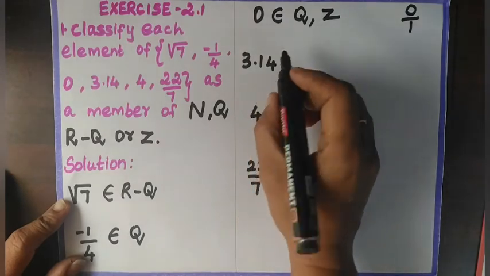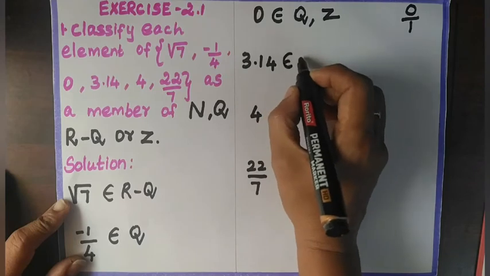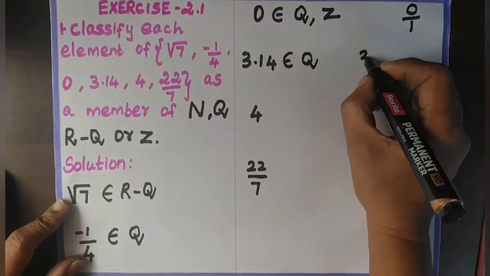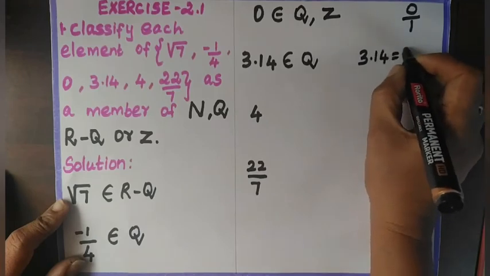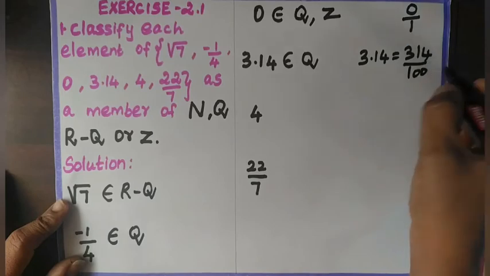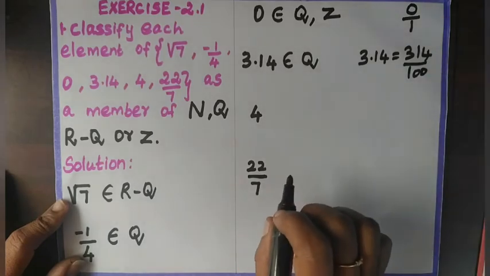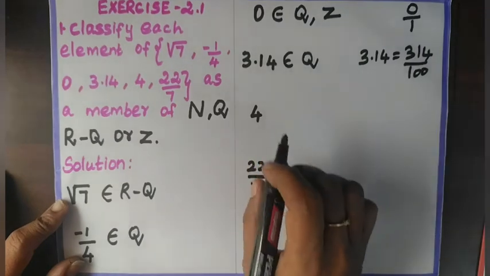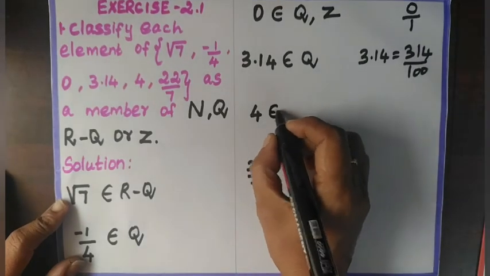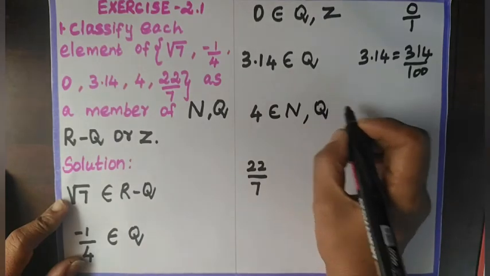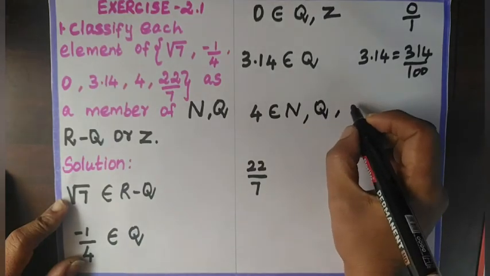Next, 3.14 belongs to Q. 3.14 can be written as 314 by 100. It is in the form of p by q. So, 3.14 is a rational number. 4 belongs to natural numbers, rational numbers and integers.